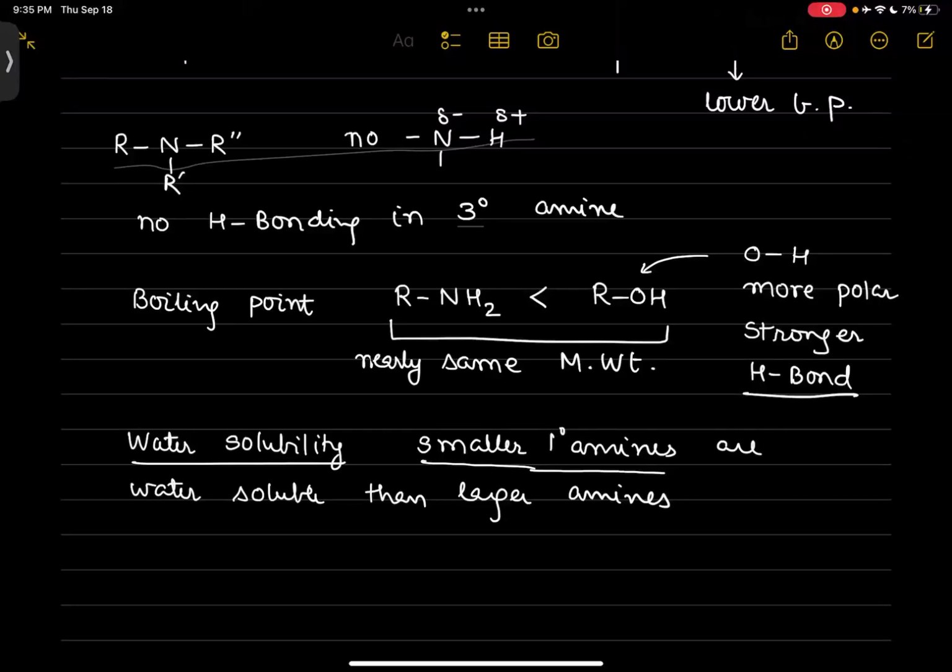Is it clear? If we compare the water solubility, the primary amines are most soluble. So we have covered the physical properties of amines.